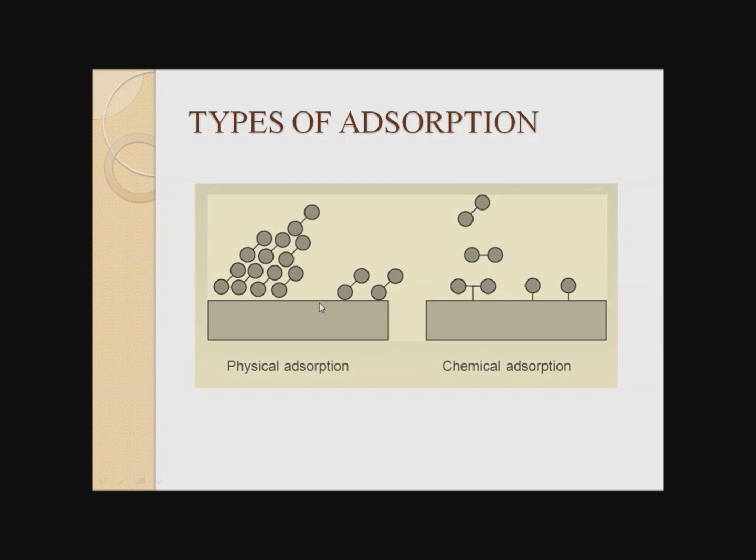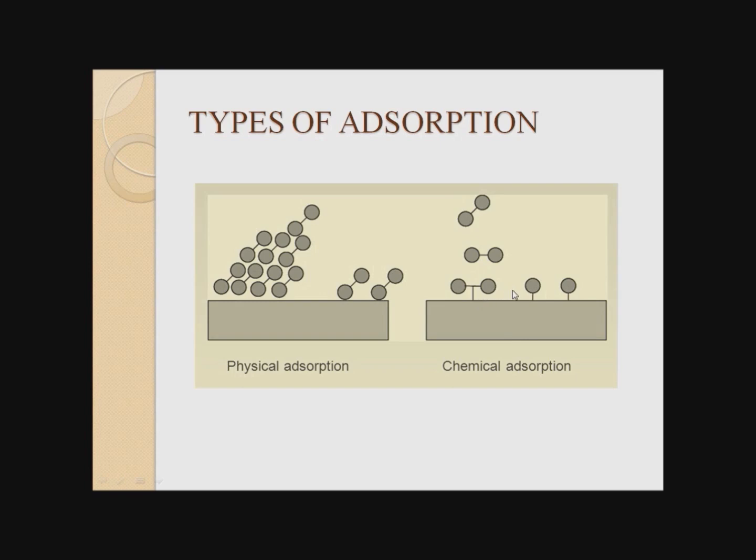Now, second is chemical adsorption. When an adsorbate molecule like gas is held on to the surface of a solid by a chemical bond, which may be ionic or covalent, the type of adsorption is called chemical adsorption. It results in the formation of surface compounds and it forms a unimolecular layer on the surface of adsorbent.